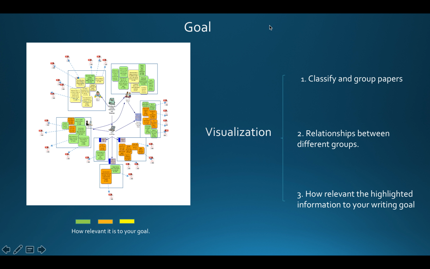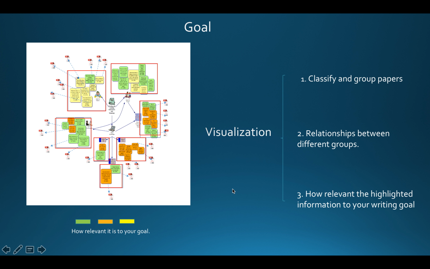So in conclusion, here's the goal I want. Here is the app I really want to design. First, I can use the tool to classify and group the papers. I can also draw different lines among different groups of papers to demonstrate the relationship between different groups.